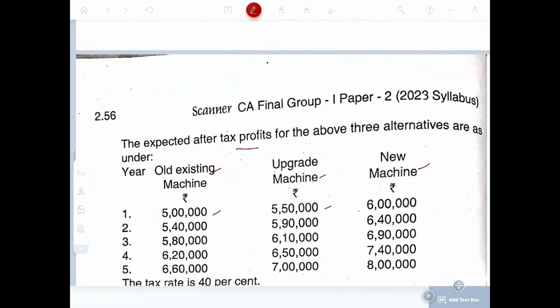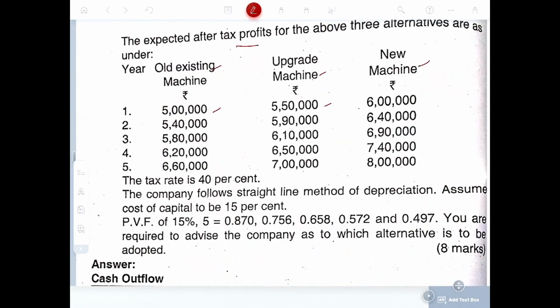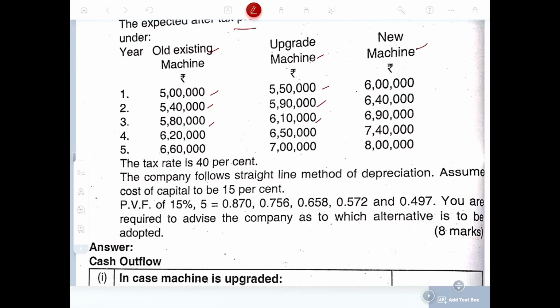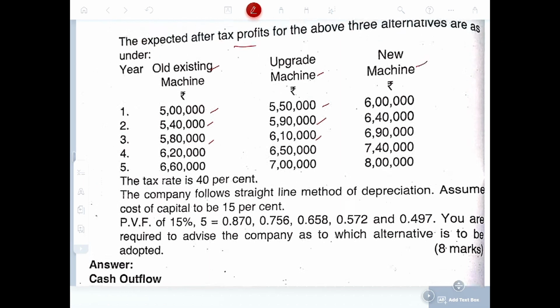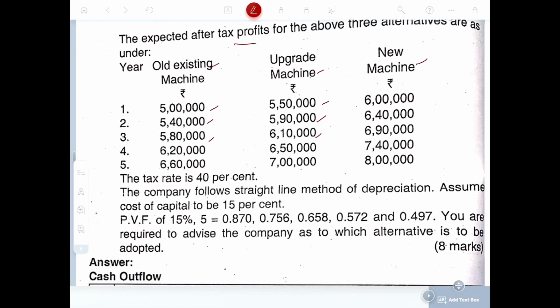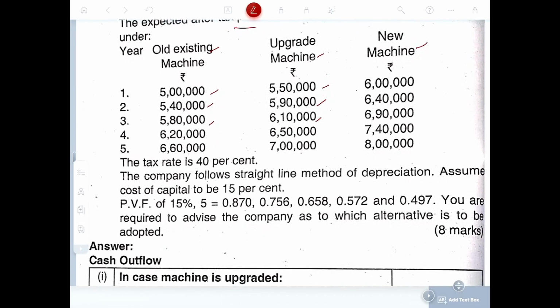Then second year 10,000, 90,000 rupees. 5 lakh 80,000. New machine 6 lakhs. Old existing machine, upgraded machine, new machine. 30,000, 90,000 plus 40,000, 60,000.